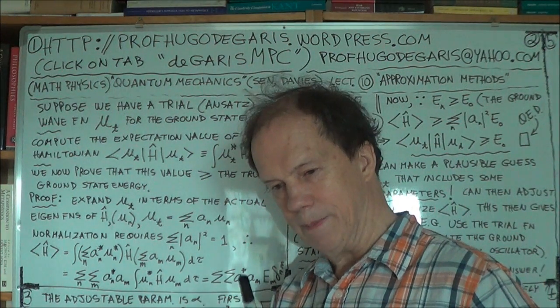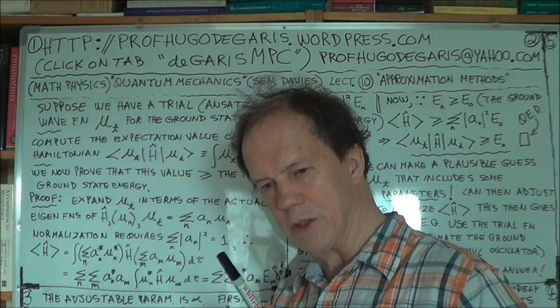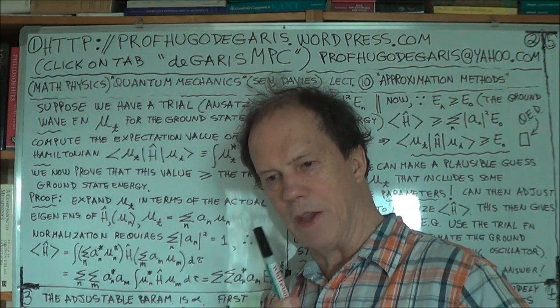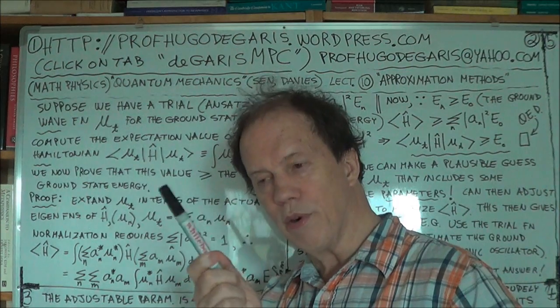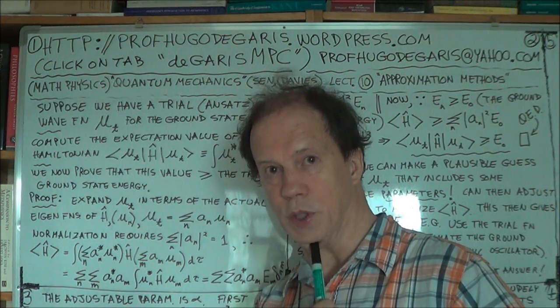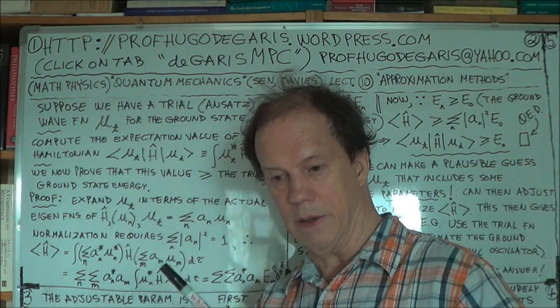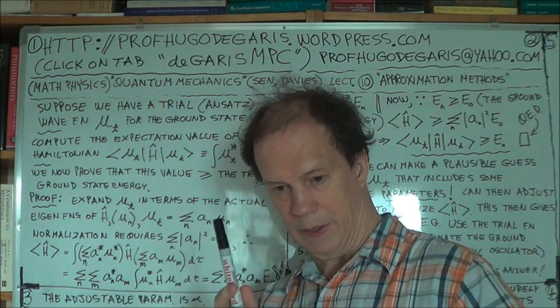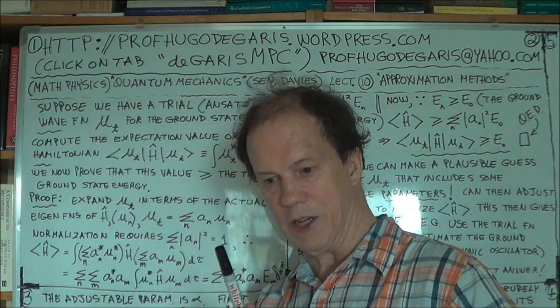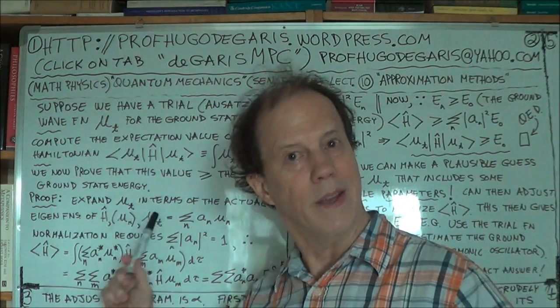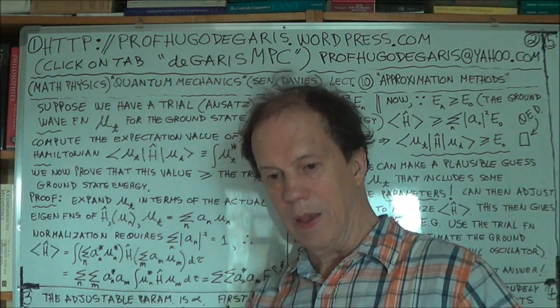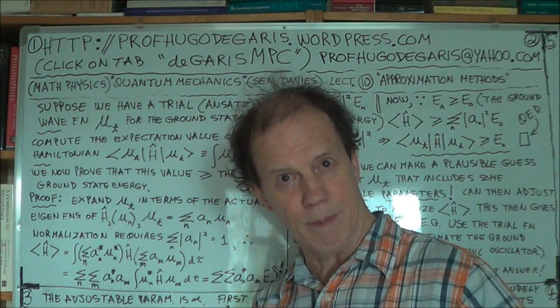So why variational? Well, you can put parameters, is the critical idea. You can put parameters into that trial solution, and then you will get the expectation value of the Hamiltonian as a function of your parameters.